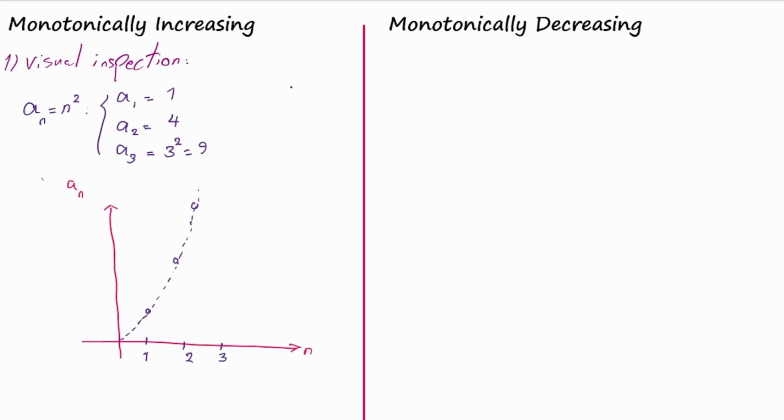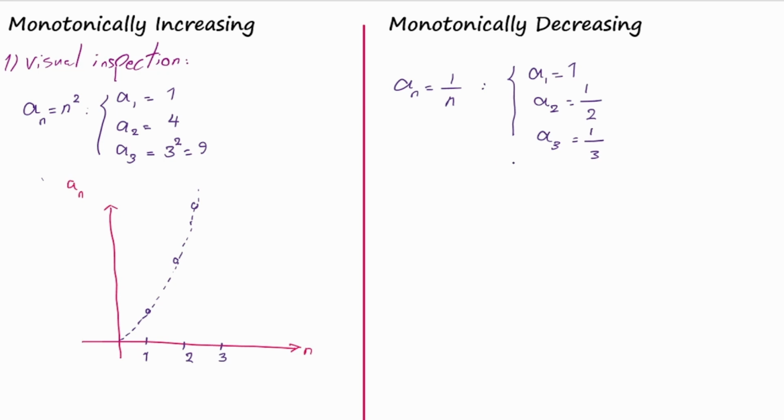Now let's consider the sequence a sub n equal to 1 over n as an example of a monotonically decreasing sequence. So let's list out a few terms. The first term is 1. The second term is 1 over 2. The third term is 1 divided by 3.